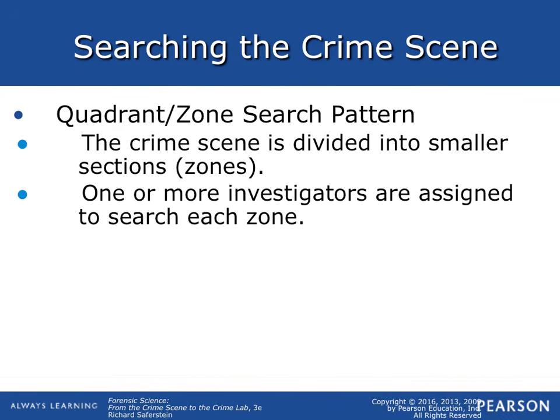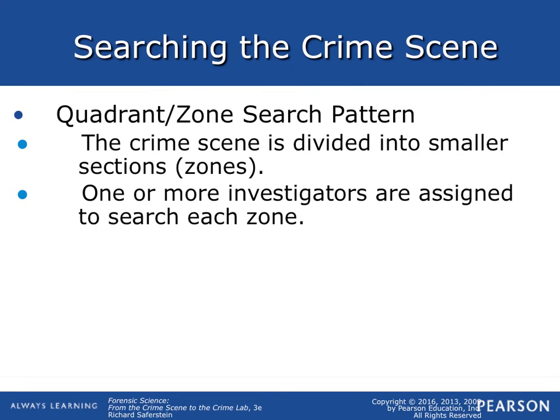Next up, we have our final crime scene search pattern. It's called the quadrant or the zone search pattern. What you do is you can take a large crime scene or an irregularly shaped crime scene, and you divide it up into smaller sections, which are called zones or quadrants.